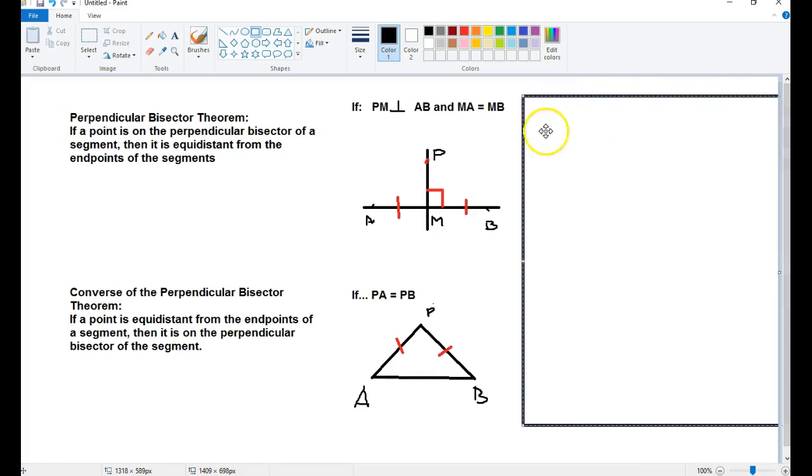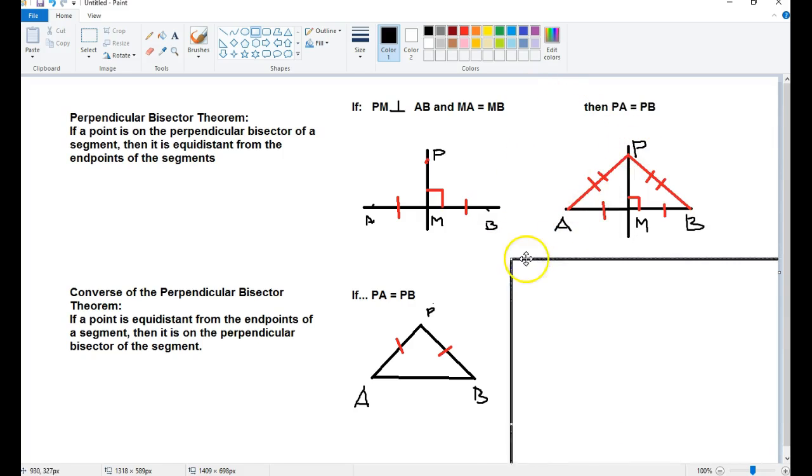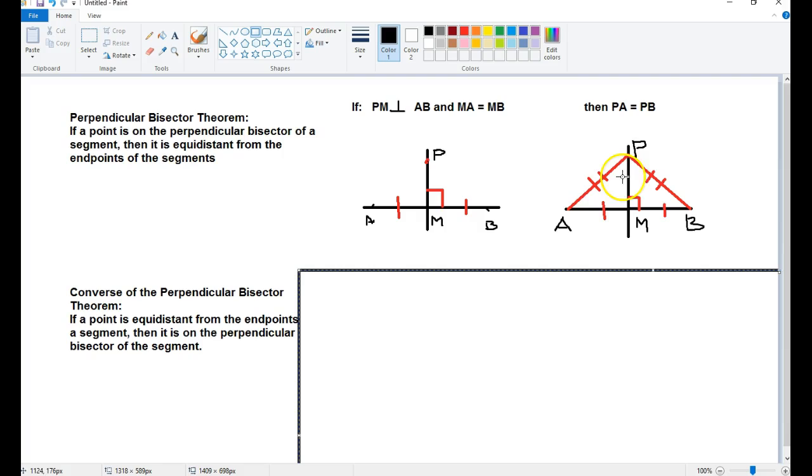So let's go for the first one together. So PM is perpendicular to AB. MA and MB are the same. So that means that PA and PB are going to be congruent to each other, or equal to each other.